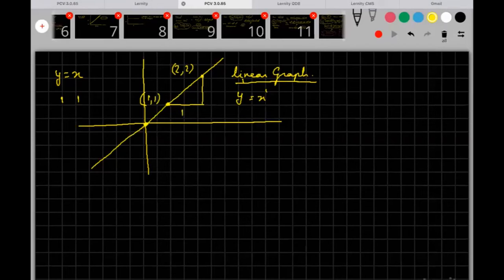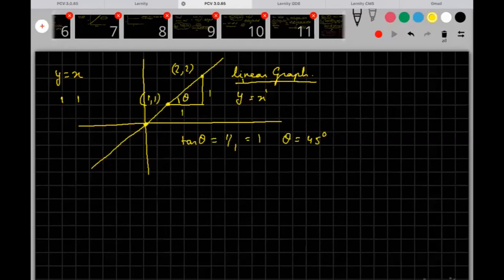So this is 1, this is 1. This angle here is theta. Then I'll get tan theta is equal to what? 1 by 1, that is equal to 1. So can I say the theta is equal to 45 degrees? Because I know tan 45 is equal to 1.